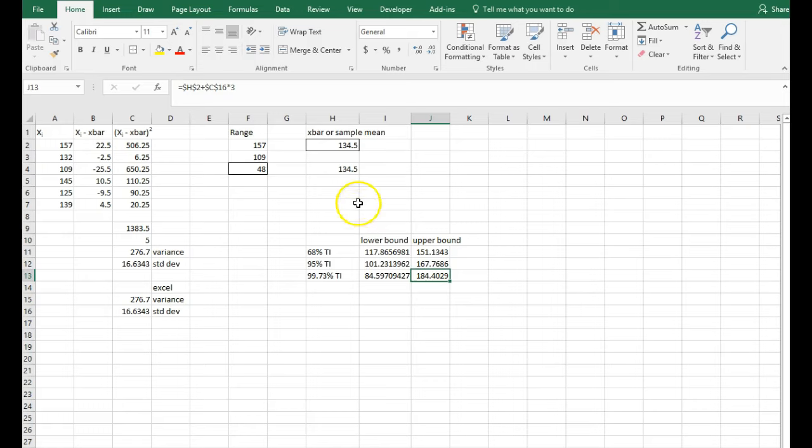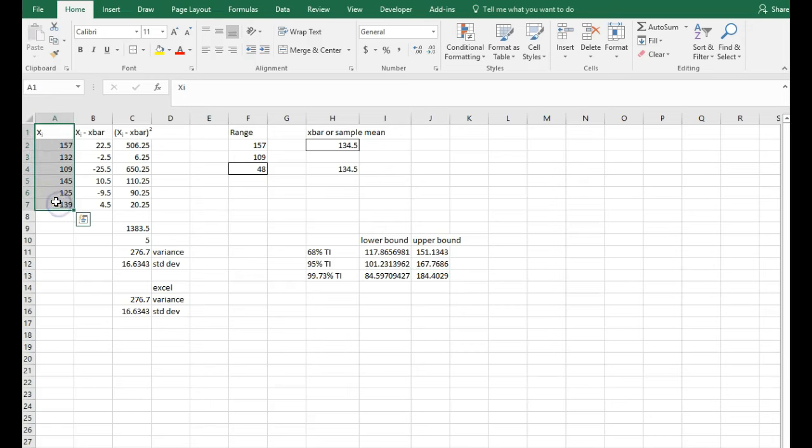So the z-score is just the difference between x and the mean divided by the standard deviation. So essentially you're calculating how many standard deviations this x sub i is away from the mean. So we can do this down here.